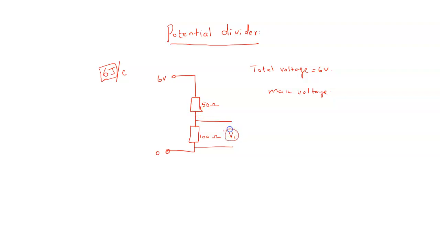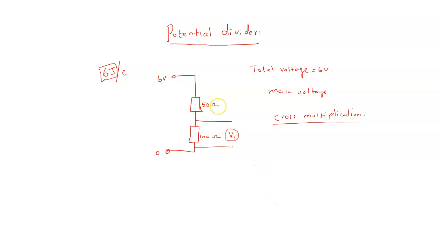So V1 is the voltage taken by this 100 ohm. How can we find it? Here we use cross multiplication. We have a formula also, but it is better if we use cross multiplication. You will get the concept.